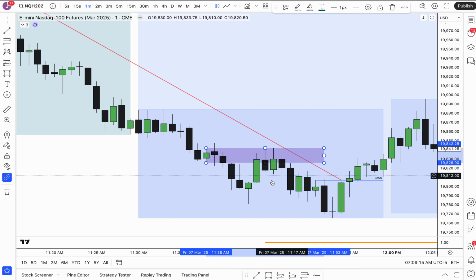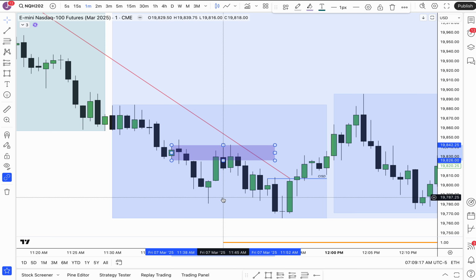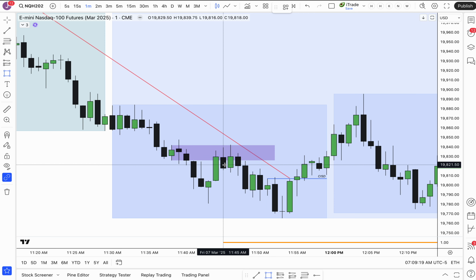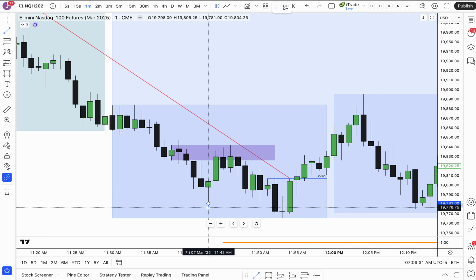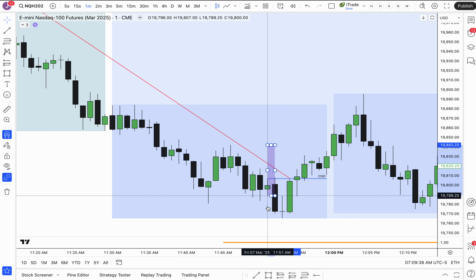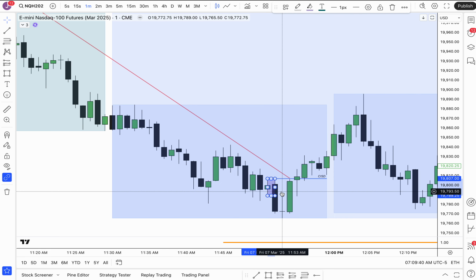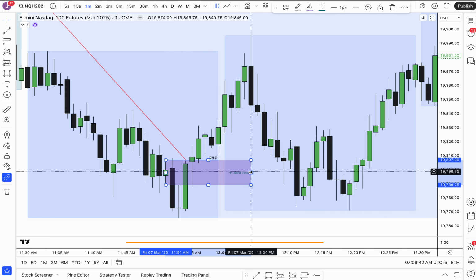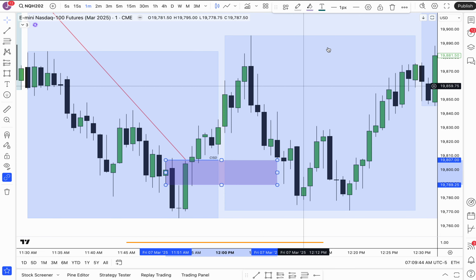We don't close above it, and I'm still looking at that candle even when these are formed, like this one and this one and this one. I'm still looking at this candle. Once we make a new low here, then my focus goes to this candle. And then we close above, and then we take off.